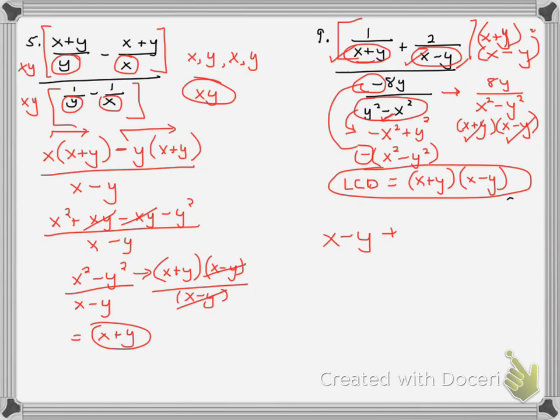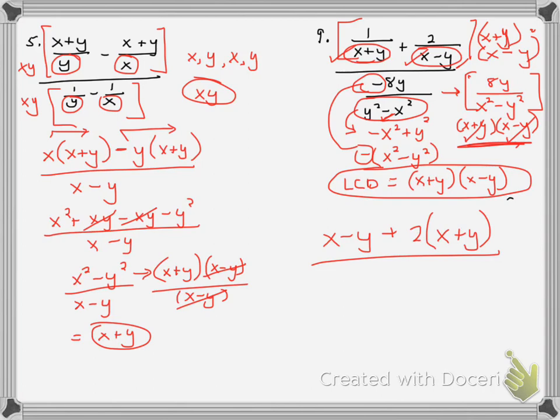This is not over, it's a multiply. I just don't really have the room there. In the second term of my numerator, the x minus y's cancel out, and I'll be left with 2 times x plus y. Multiplying the denominator now, which I'm really looking over here, taking into account the factoring. A little messy because of the lack of room here, but hopefully you see what I'm doing.